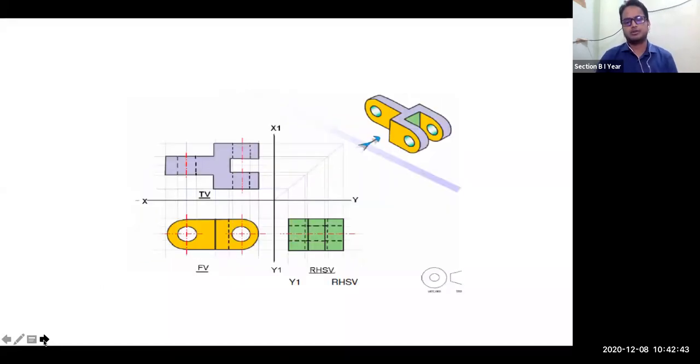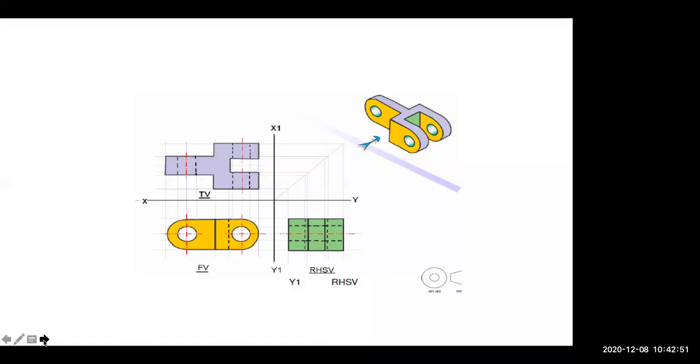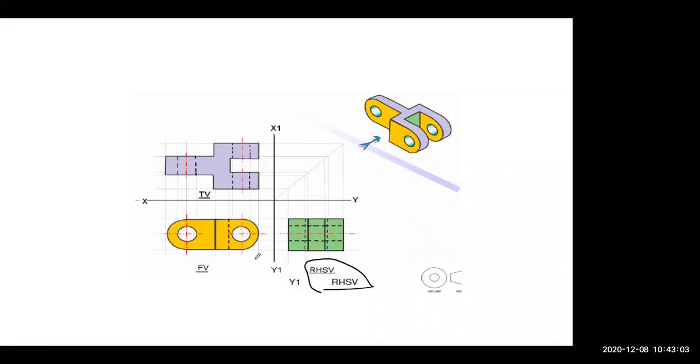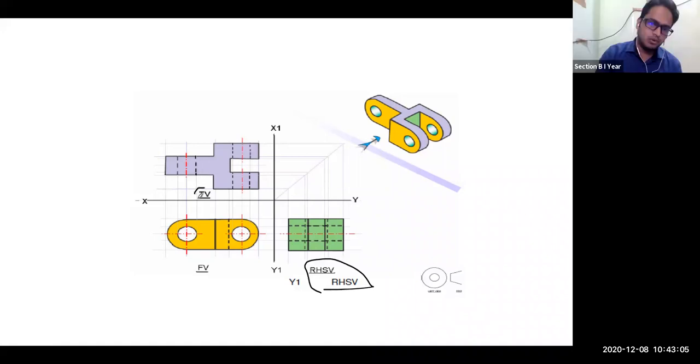So now this is your component. Again, is this first angle or third angle? Third angle. Because this right hand side view is coming to your right hand side. And one more thing: the top view is above the reference line and the front view is below the reference line.